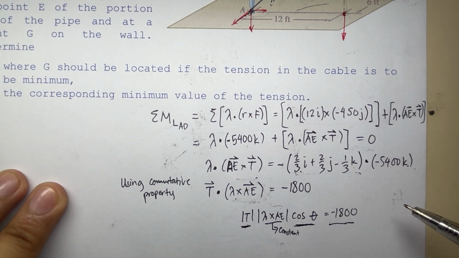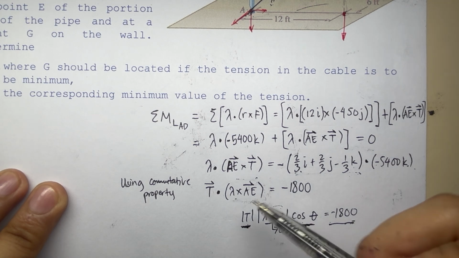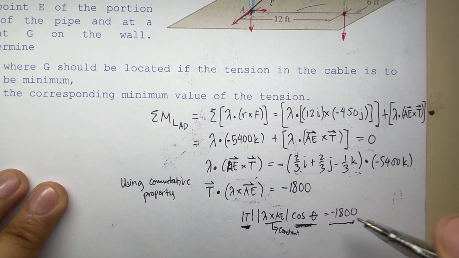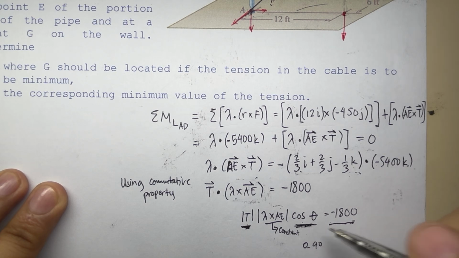Inversely, if we want to decrease our tension, we need to increase cosine theta to keep the same 1,800. So for the tension to be minimum, cosine theta should be maximum. And we know that for theta from 0 to 90, cosine theta goes from 1 to 0. Cosine 90 is 0, cosine 0 is 1.